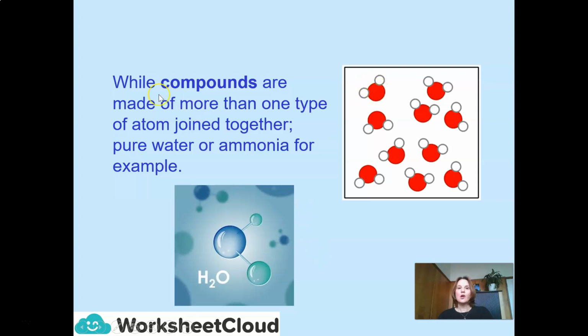Now this is a compound. It is made up of more than one type of atom. Gold was pure, made up of only one type of atom. A compound is made up of more than one type of atom. Example, water, H2O. Are you understanding the difference now between a pure substance and a compound?